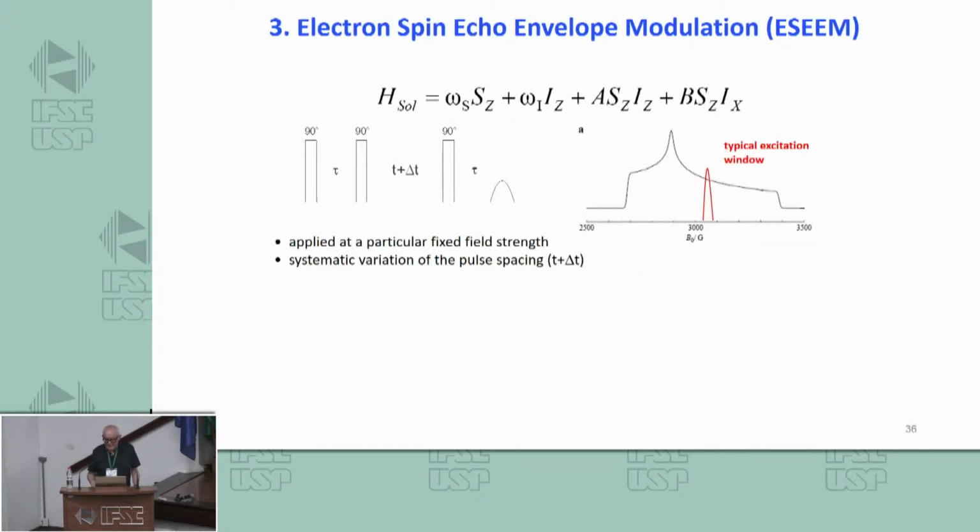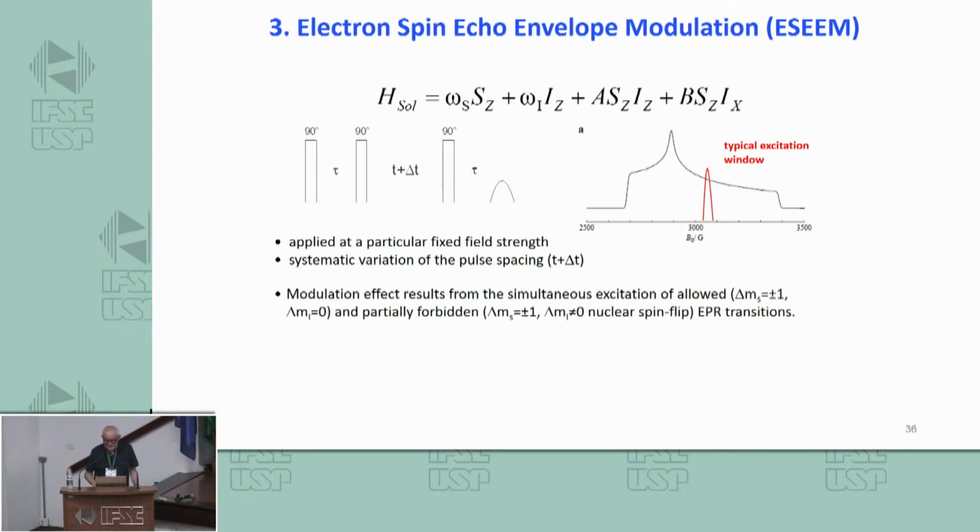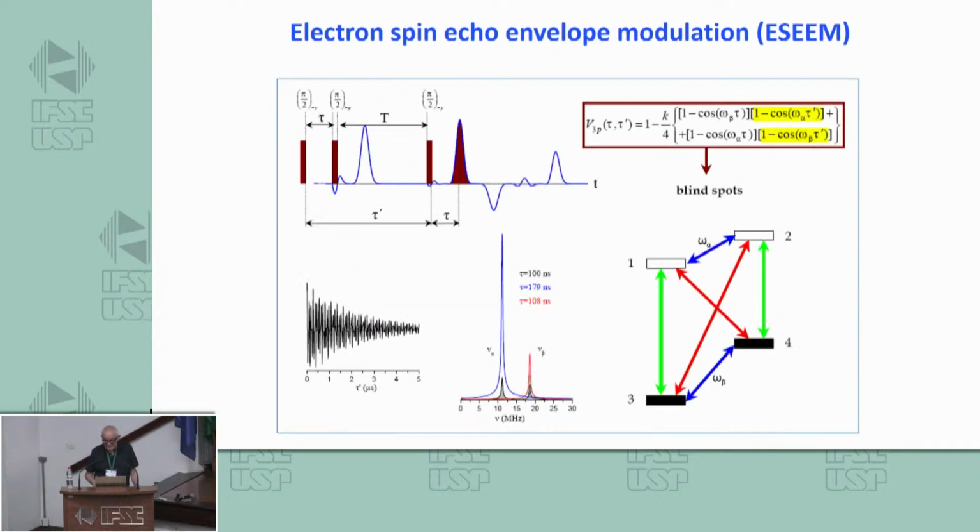Okay. So maybe then very briefly, electron spin echo envelope modulation. I mentioned before, we can detect nuclei that are in the vicinity of unpaired electrons by this particular process. The electron spin echo envelope modulation basically utilizes forbidden transitions. The allowed transitions in the two-spin system are shown in green.